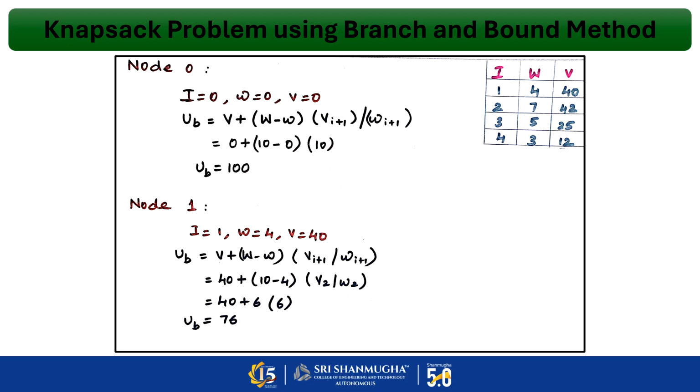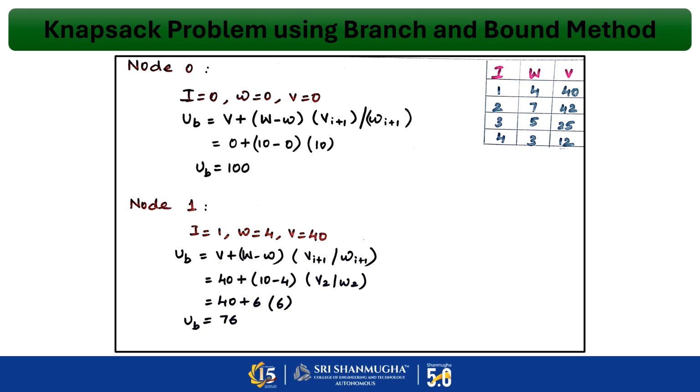So we don't have any such item, and for item number 0 the corresponding W and V values will be 0. Now we have to apply the formula. Upper bound equals V plus total weight minus individual weight. Since V is 0, we substitute 0 plus total weight, which is 10, minus individual weight, which is 0.